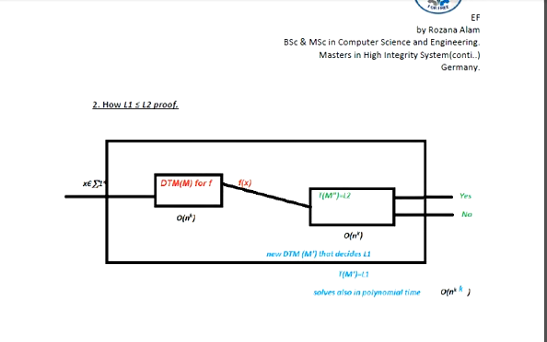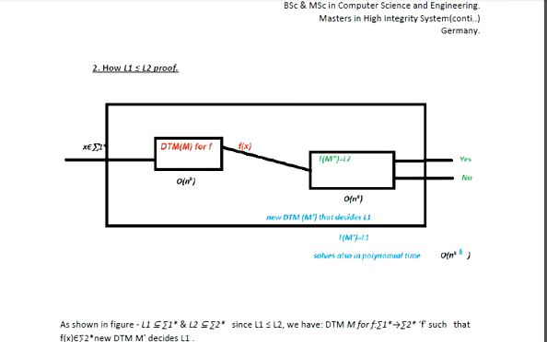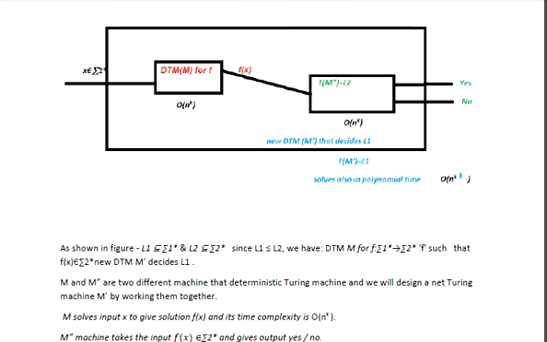In this figure you can see that we have two machines. The first machine is DTM1 for f, and the second machine is the deterministic Turing machine TM for L2. And finally we write a new deterministic Turing machine that decides L1. So now let's see how it works.